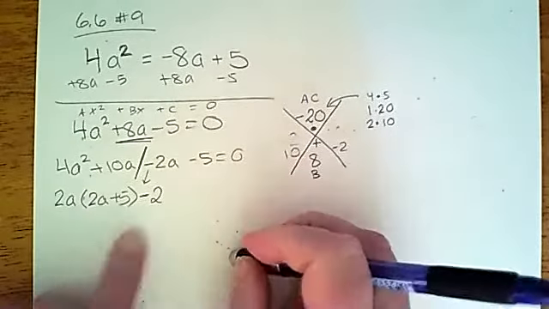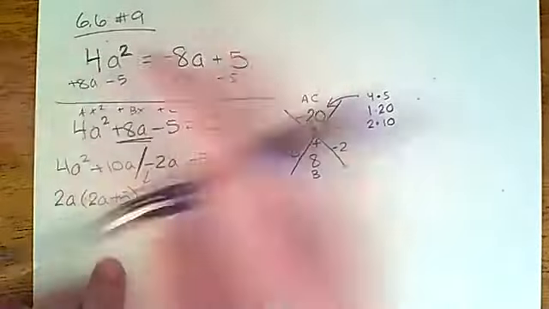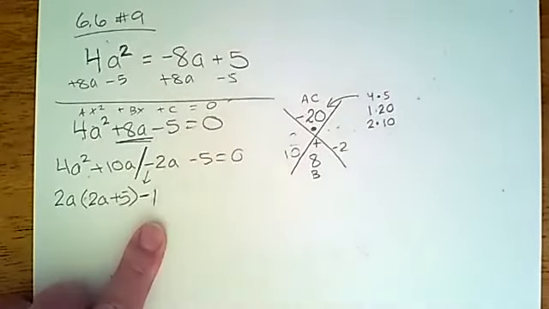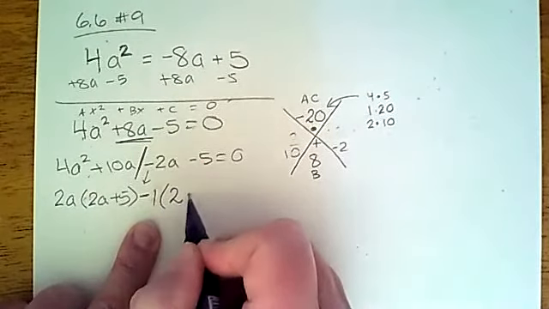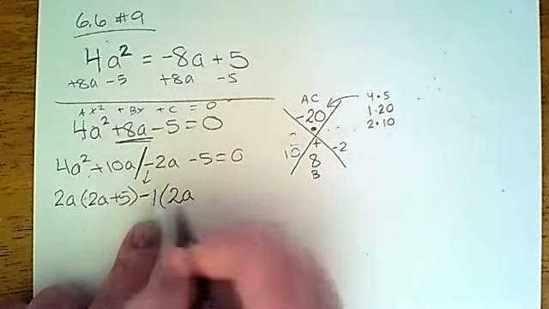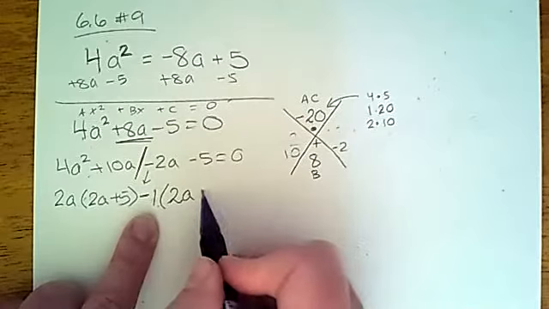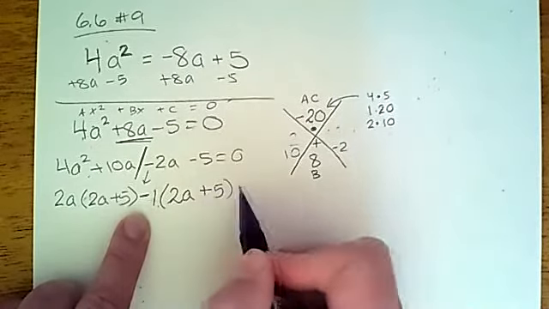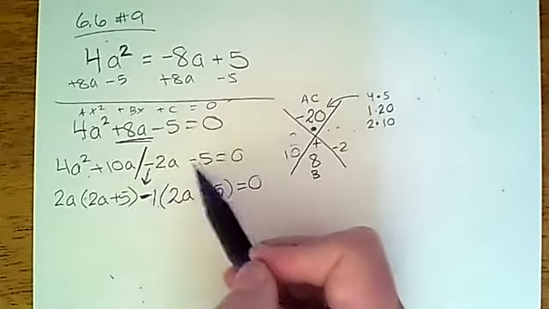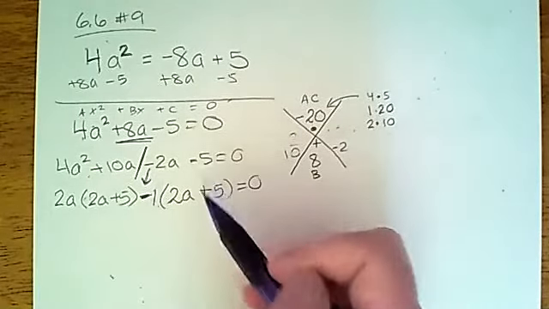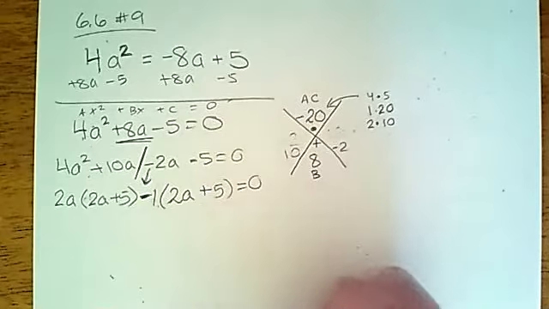Oops, 2 does not go into, sorry. We're going to take out a 1 because that's the GCF of 2 and 5. And what I'm left with is 2a times negative 1, that's negative 2a, and negative 1 times positive 5 would be negative 5. So be careful when you have a negative, because that will change that last sign to its opposite.